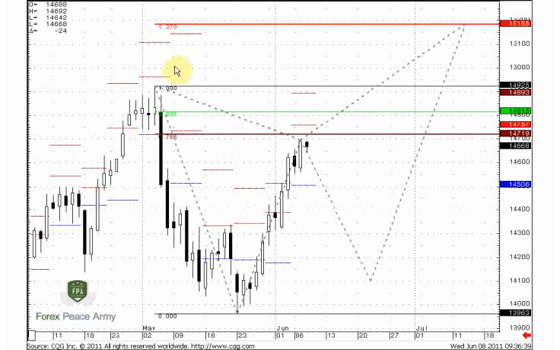But until it is formed, we should keep an eye in the nearest time on that area, 147.20. If we see some significant sell signals around this level on the lower time frame, it could tell us many important things, that probably the butterfly is forming.